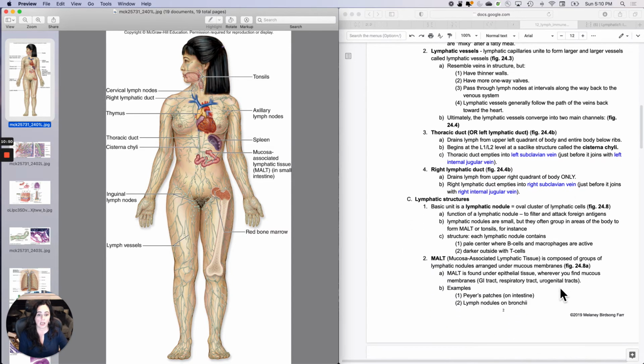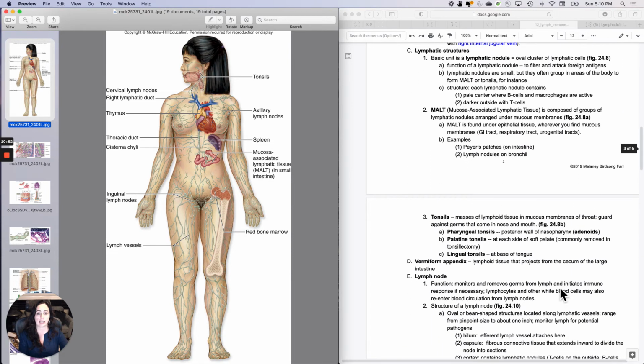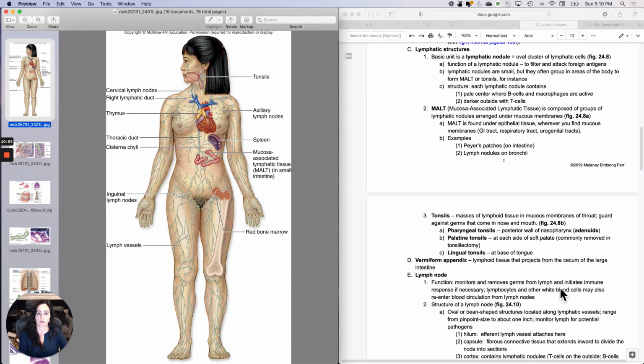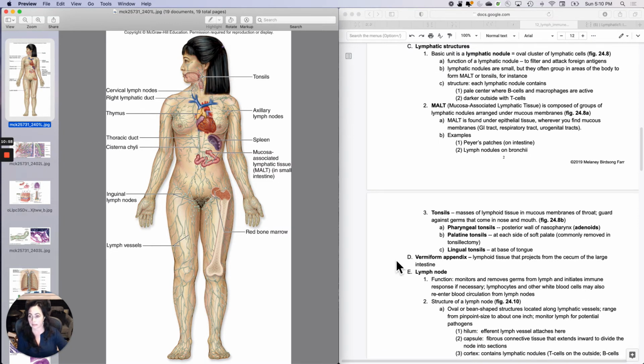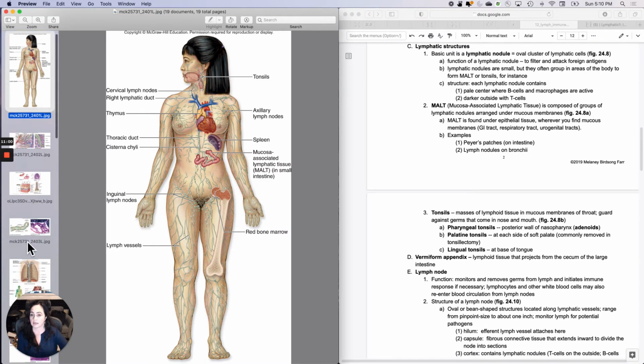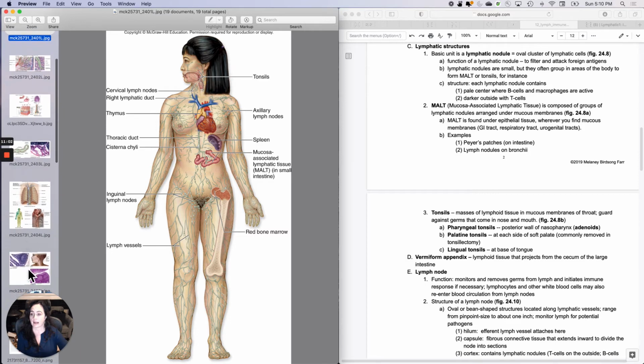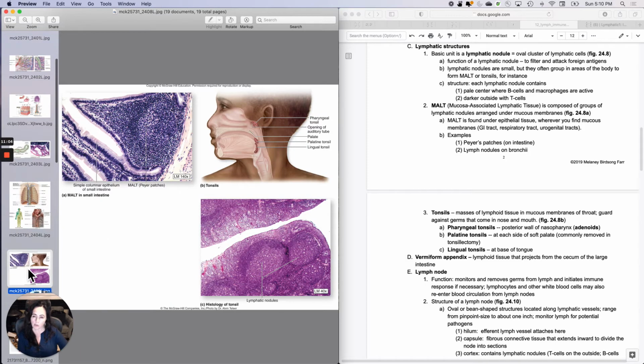Okay, now let's start looking at lymphatic structures. When we're not in the vessels, but actually in the lymph organs, what are we going to see? Almost everywhere you look, you're going to start to see this little pattern. Do you see right here?